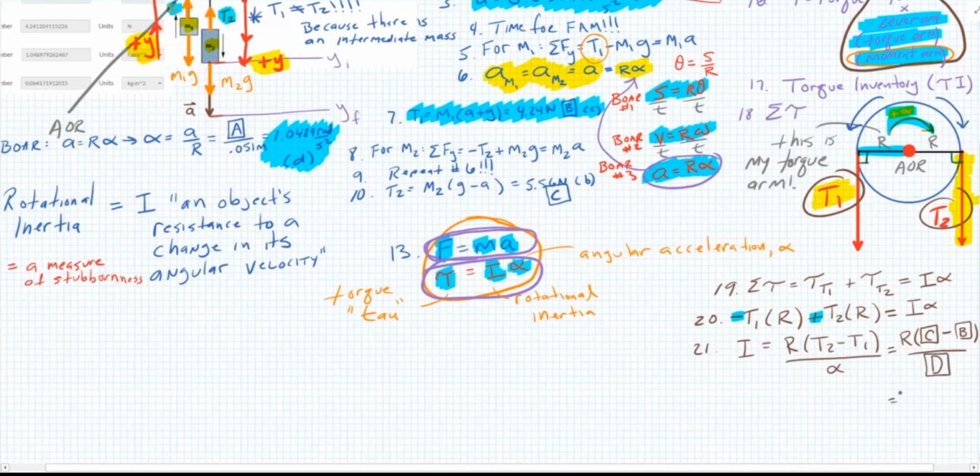Okay. So R is 0.051 times (C minus B) divided by D. 0.06 and some change, 0.06417. But check out the units.